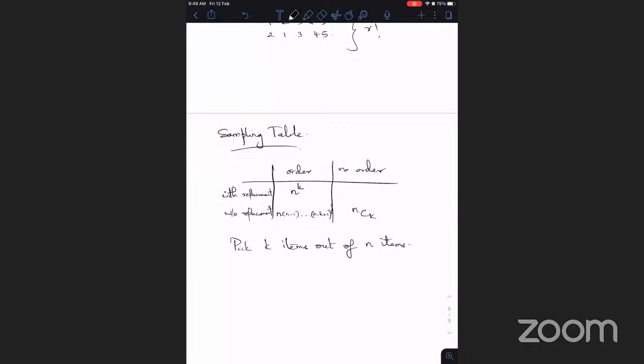So the only box that we need to fill out of this is when you have n items and you need to pick k items with replacement, and the order is not important. Can someone tell me what this would be? This is a slightly more difficult idea.